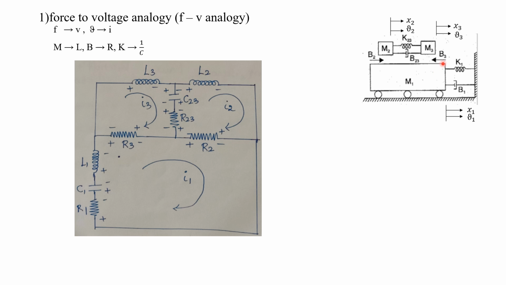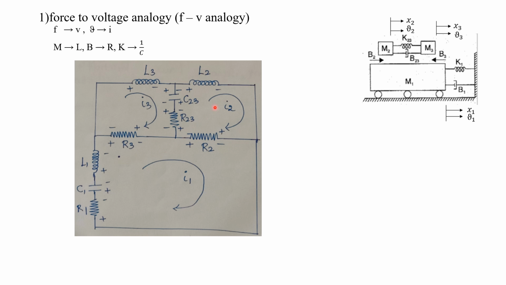Now B3. B3 is another element for this mass M1, isn't it? For B3 it will be R3 after transformation. This B3 is connected between M1 and M3, and this is the loop for M3. So in between M1 and M3 we have to draw this R3. Understood? In this way, we can complete each and every element for loop 1.